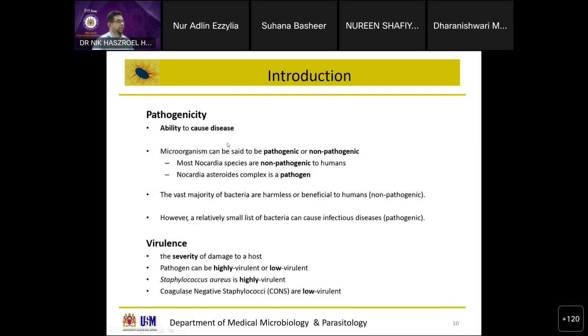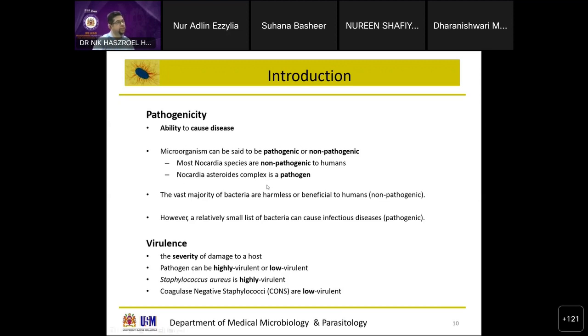So when we describe the organism, we use two words. One is pathogenicity, one is virulence. So it may seem similar, but you need to understand what we say when we say pathogenicity. Pathogenicity is the ability to cause the disease. So whether it's pathogenic, non-pathogenic.